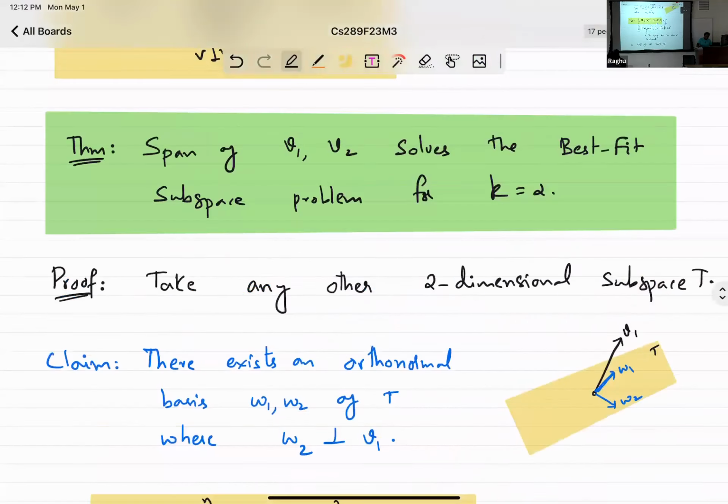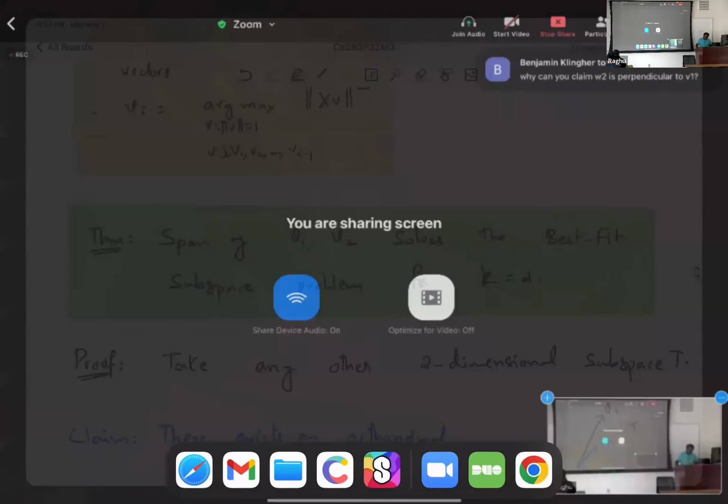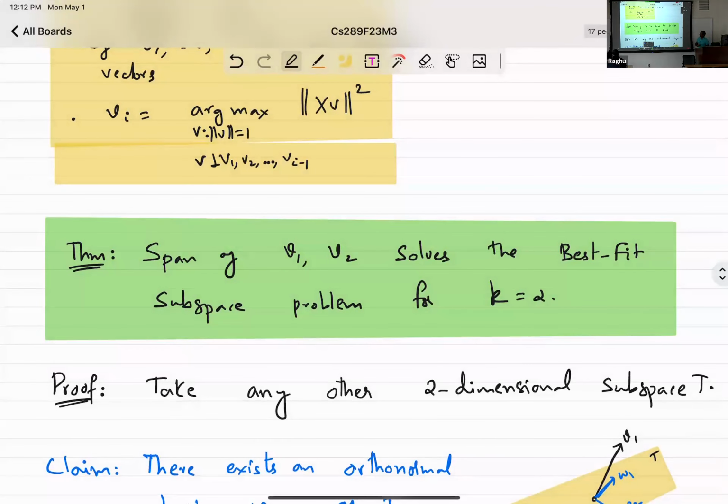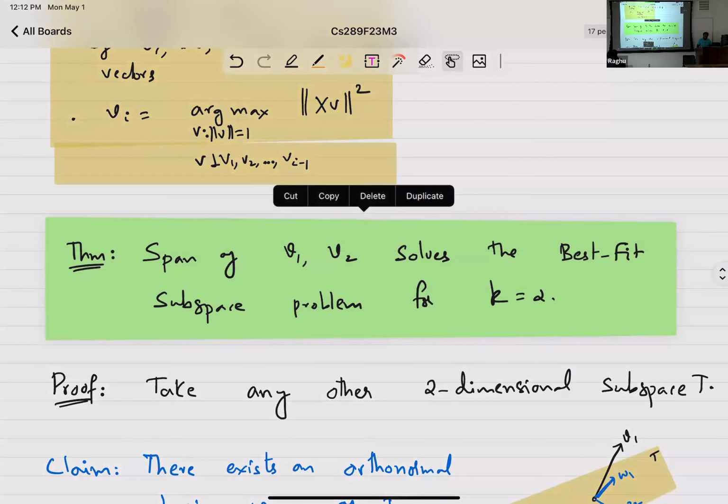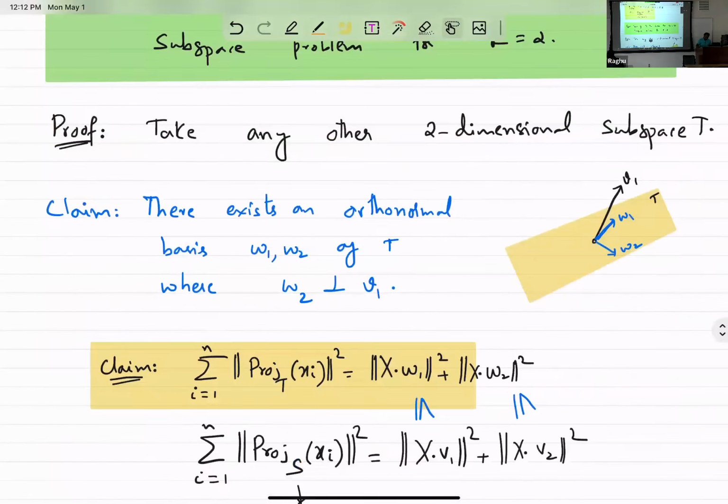Okay, so that's what I wanted to say about the proof, and almost the same argument generalizes to higher K. I won't do it for us.